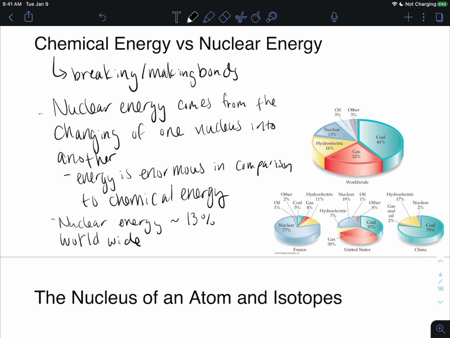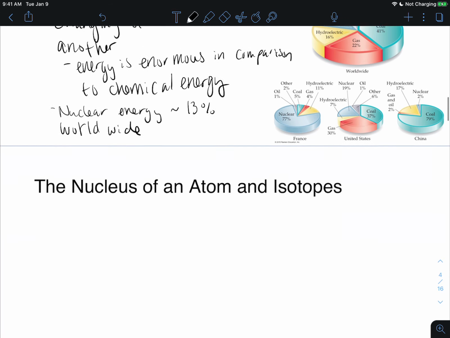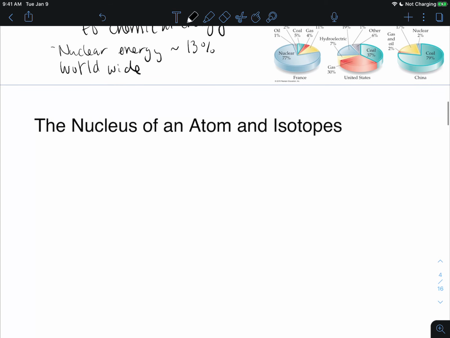So when we're talking about the nucleus, we have two different types of nucleons, our protons and our neutrons. Unlike chemical reactions where we care about the electrons, we don't really care about the electrons here. We're looking at our protons and our neutrons.